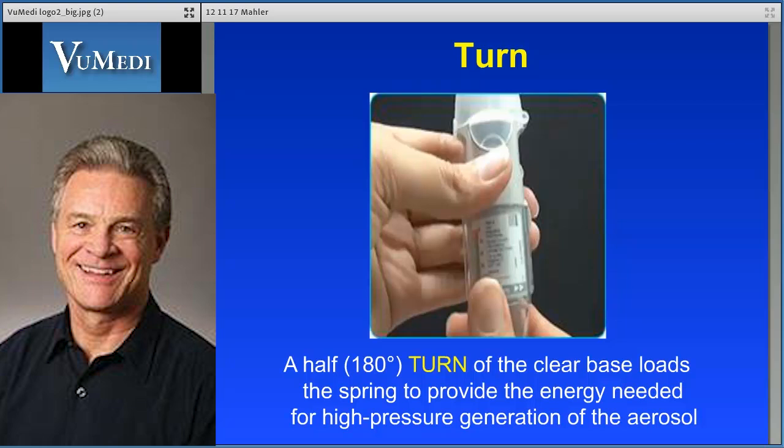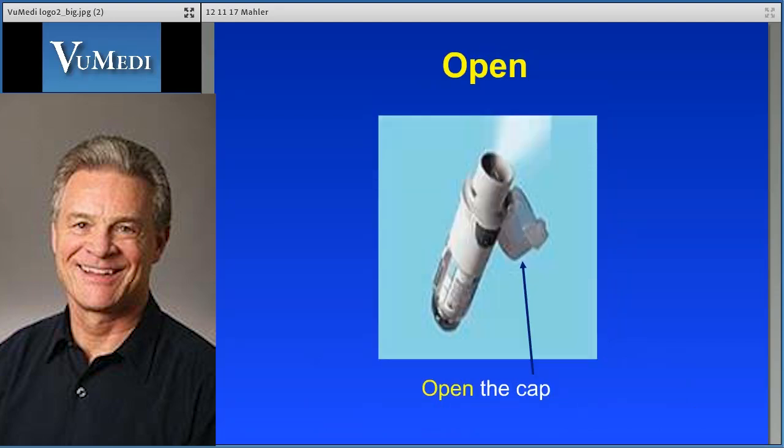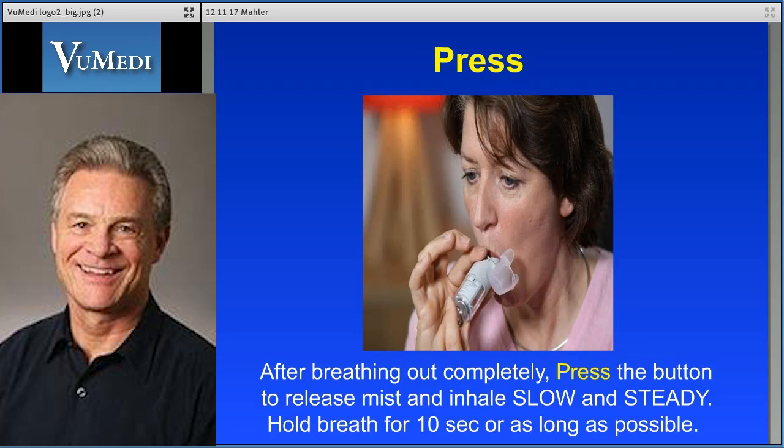The turn should be 180 degrees or half a turn. The next step is to open the cap. For priming, you would then press the button to release the mist into the air.